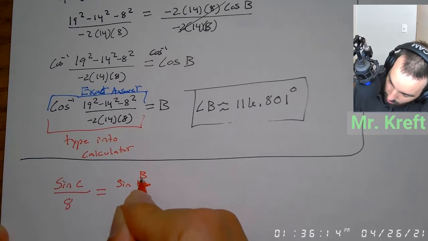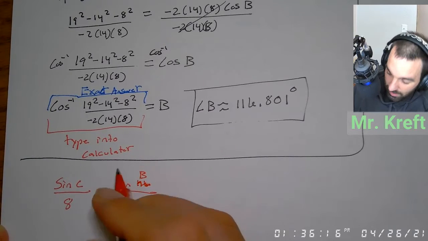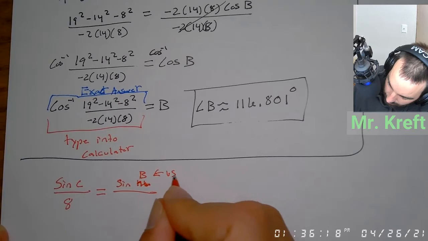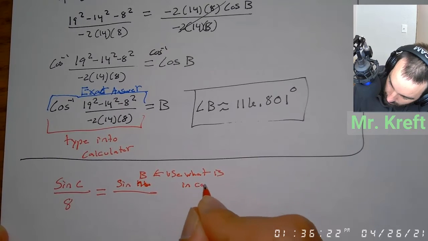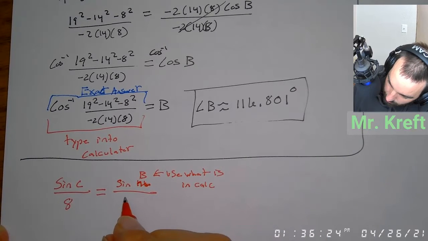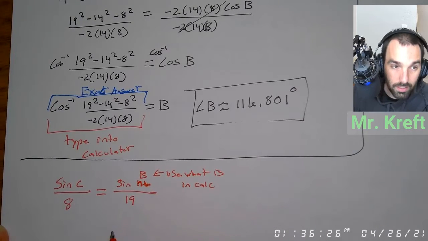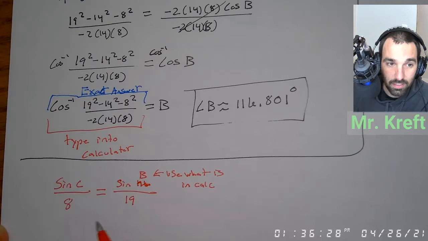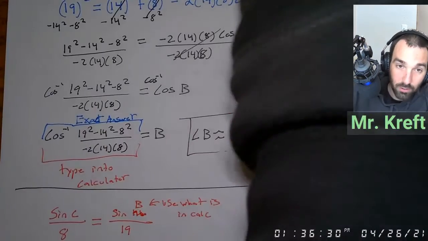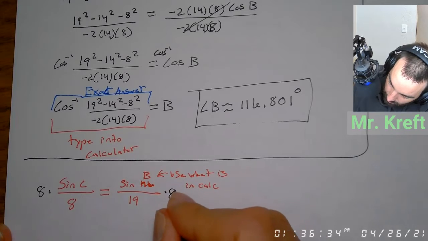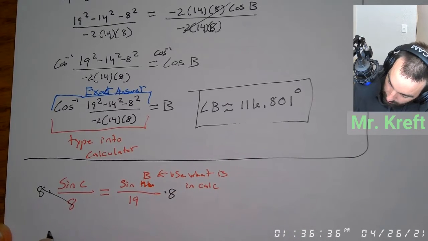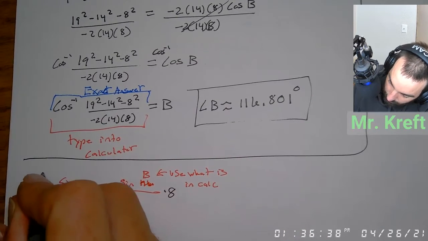Okay, but you're going to use angle B. So use what's in the calculator. And then over, what's side B? 19. Okay? So to solve this, again, I'm going to do everything in one fell swoop. I'm going to multiply by 8. And then I'm going to take sine inverse of both sides.